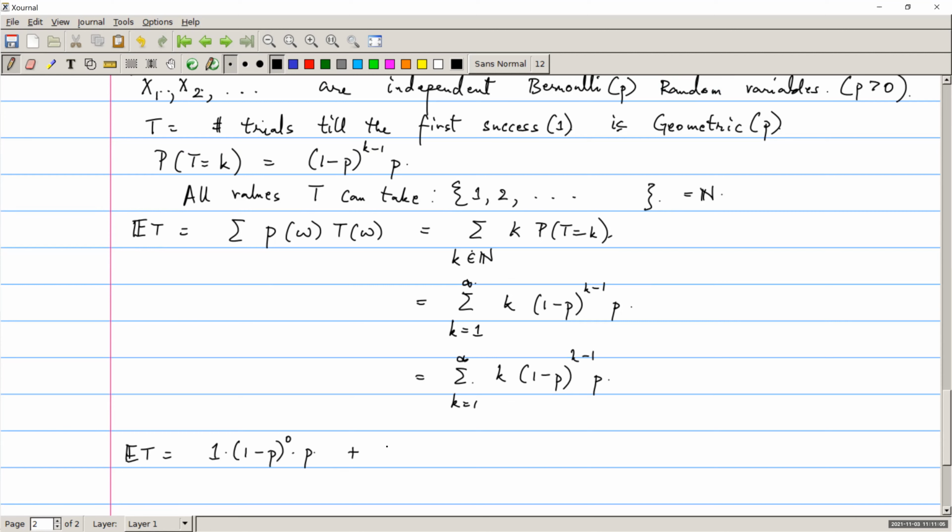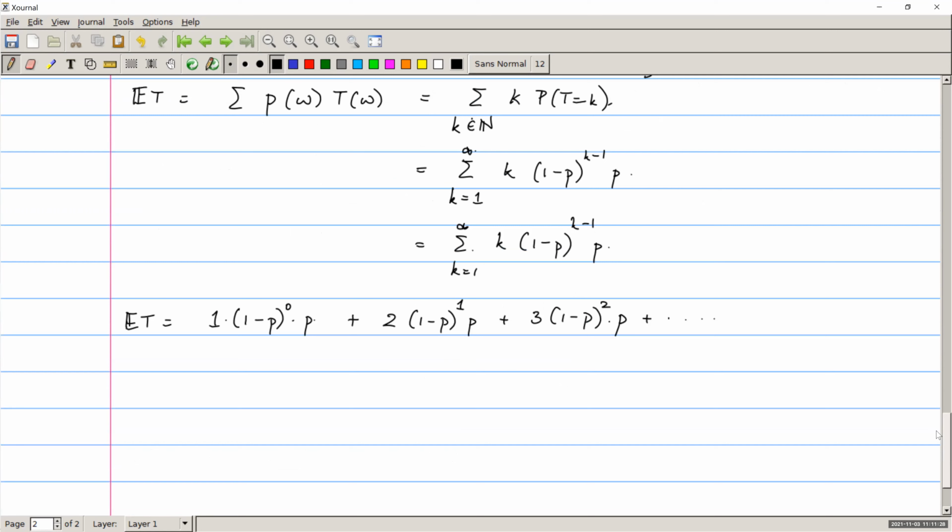And then k equals 2 would be 2 times (1 minus p) to the first times p, and so on.